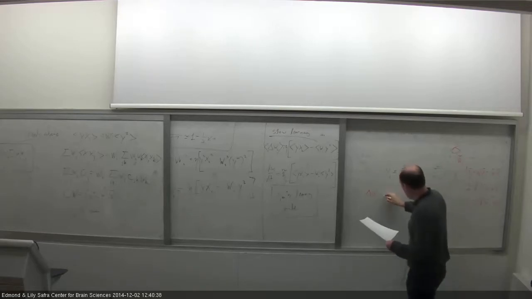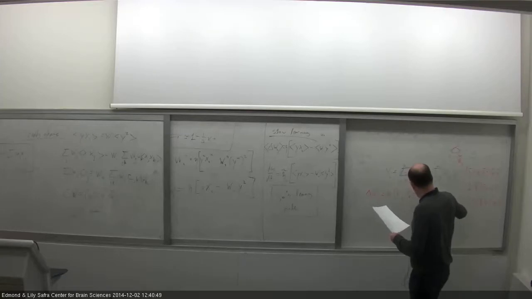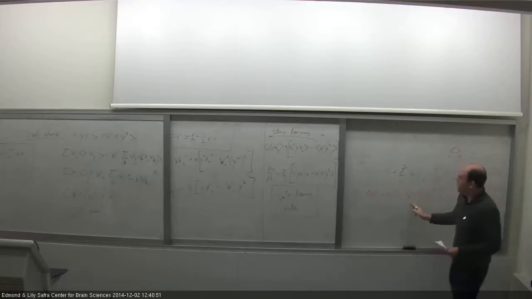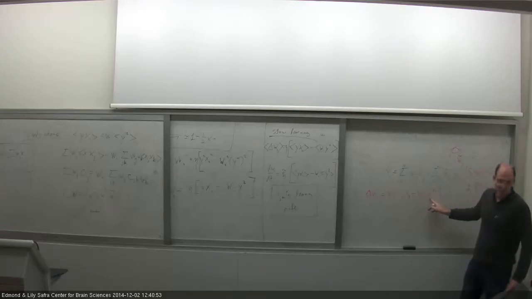Delta Wij is going to be equal to eta times xj yi minus Wij yi squared. The only difference between this and what I wrote before is that now y has its own index, because we have more than one output unit.